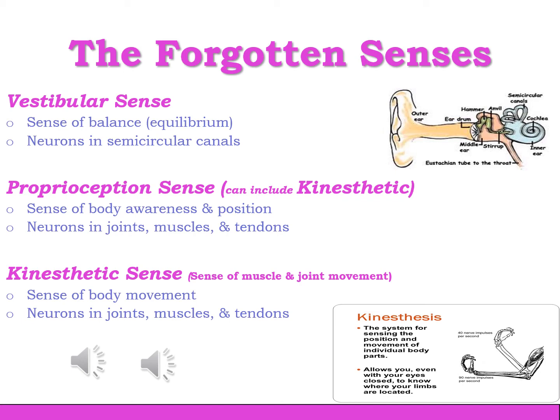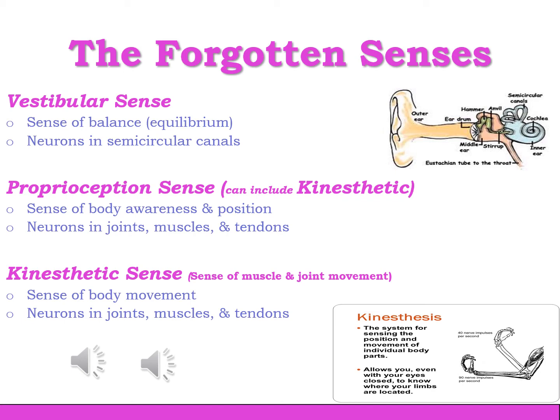Now let's consider the sense of proprioception, which can include, depending on the speaker, the kinesthetic sense or not. So if you look at the diagram on the right, you'll see the forearms. There are receptor cells, neurons, in your muscles and in your joints and in your tendons.